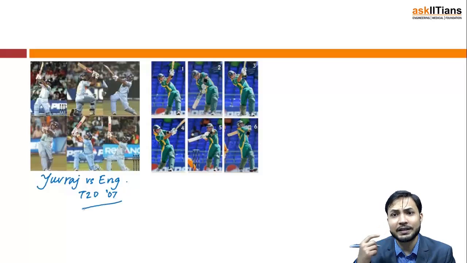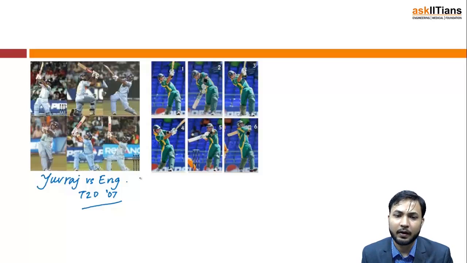In this case, what did Yuvraj Singh do? He scored the maximum number of runs that was possible, considering legal deliveries. Same is the case with Herschelle Gibbs over here. You may or may not remember this, but this is from World Cup 2003, where Gibbs also hit 36 runs.